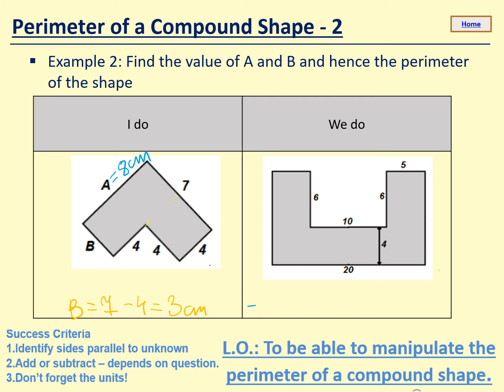Now I can calculate the perimeter, which is 8 plus 7 plus 4 plus 4 plus 4 plus 3.